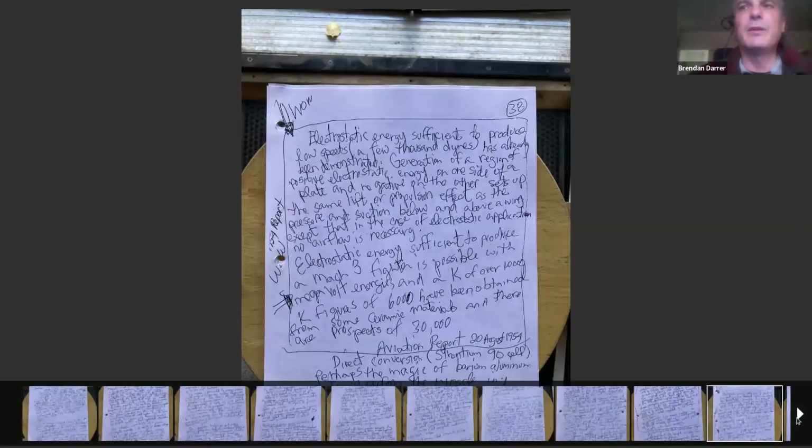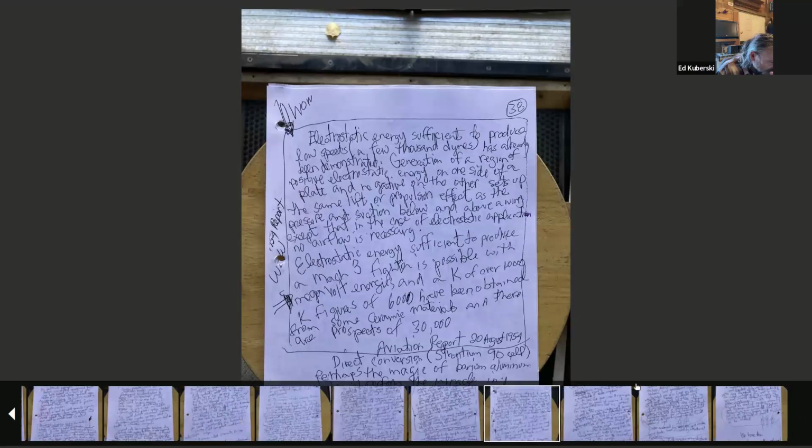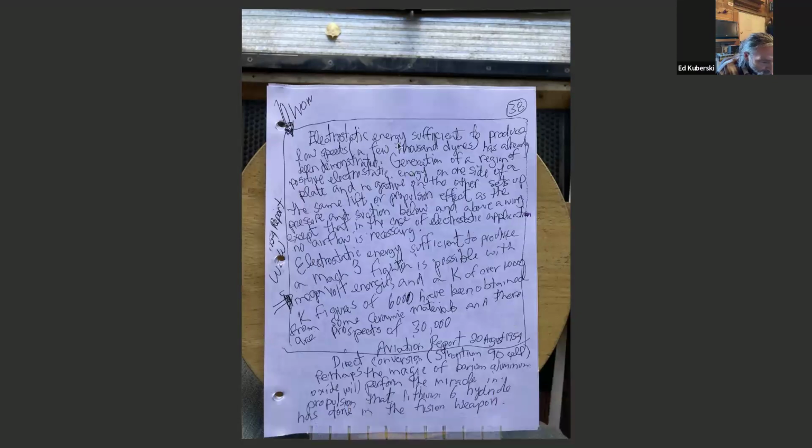Electrostatic energy sufficient to produce low speeds, a few thousand dynes, has already been demonstrated.